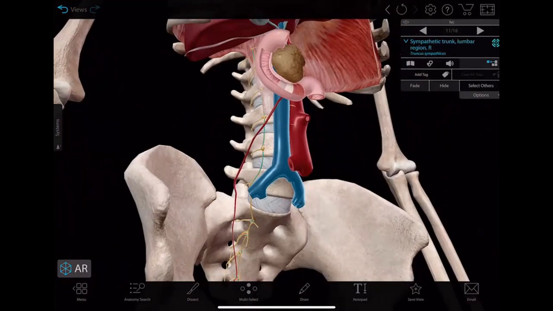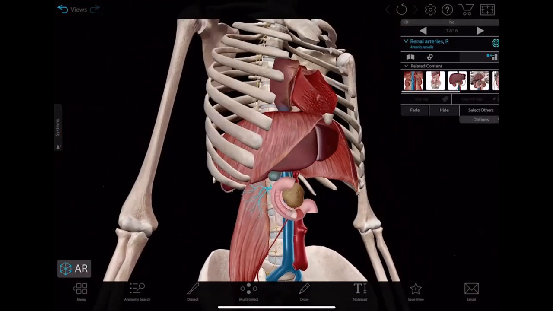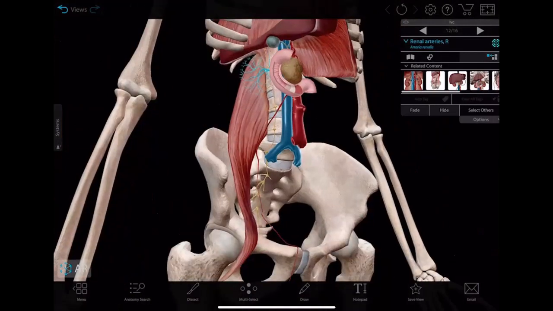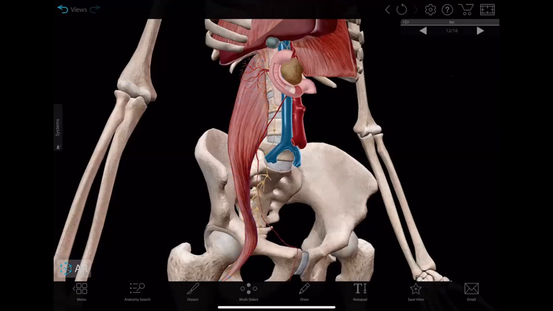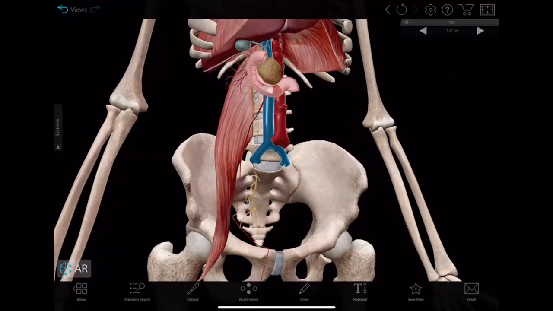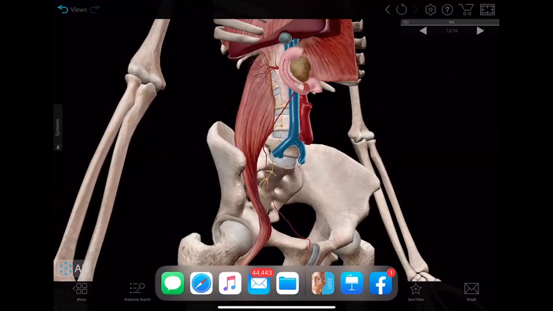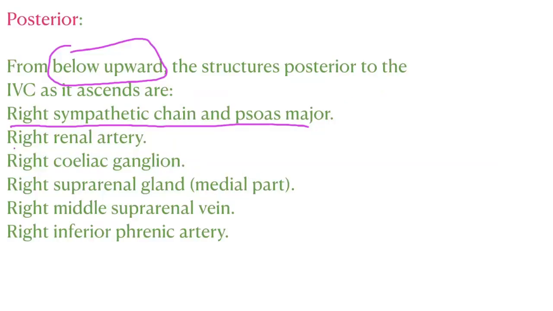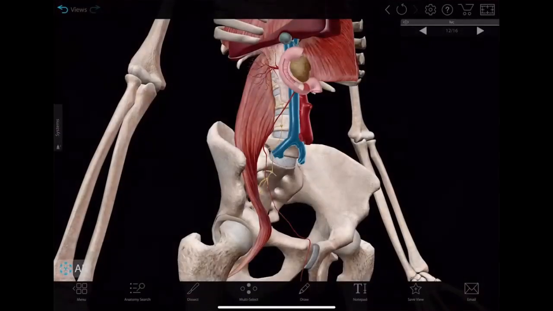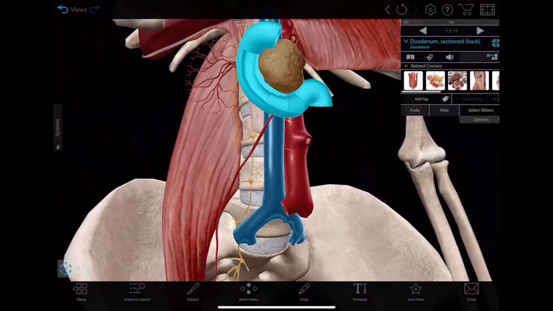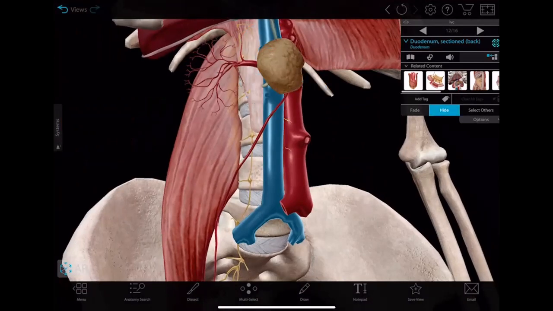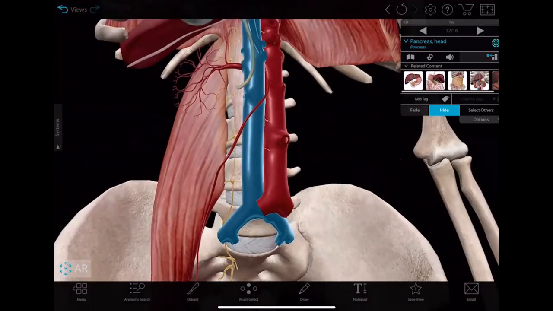And this one is psoas major, right side, pillar. So right psoas major, right sympathetic chain, and right renal artery. See, this is the right renal artery.